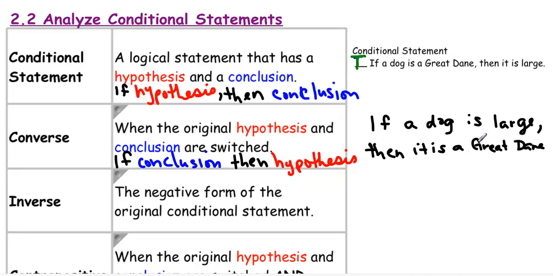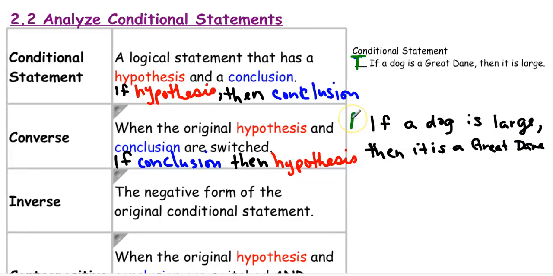So remember what we just said, just because we write it doesn't mean that it's true, so we've got to think about this one. Is it true or is it false? So what we'd have to do is think, are there any counter examples? So are there any dogs that are large that are not actually Great Danes? So a counter example, this hypothesis has to be correct, but the conclusion has to be wrong.